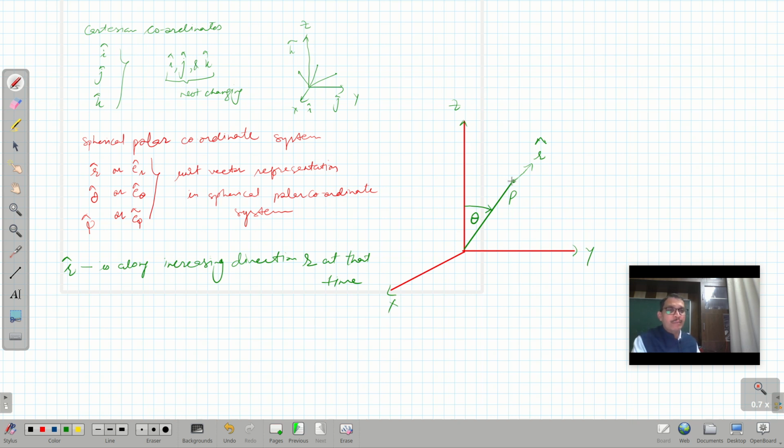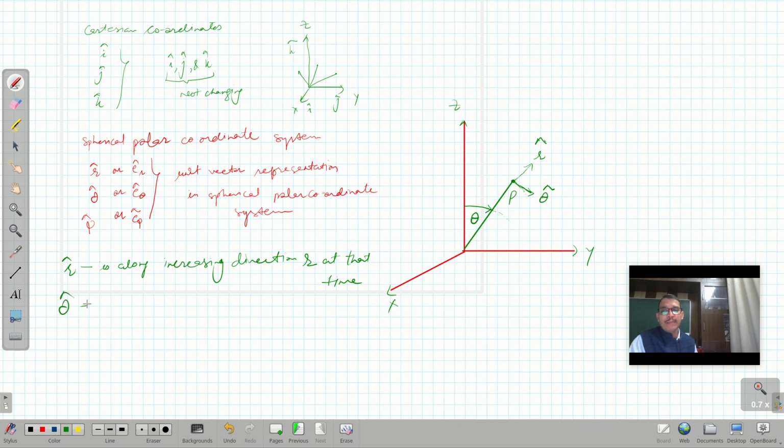So theta cap is basically, if I draw a curve at this point, it will go like this, and if I draw a tangent to it, the tangent at this point is represented by this one. So this is theta, which means it is along the increasing direction of theta.